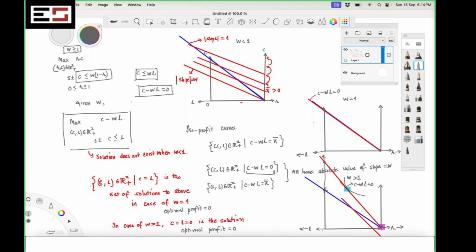So that can never be an equilibrium, because there is a difference between what the firm is choosing and what the consumer is choosing. The firm is saying, I don't want to hire any labor, I don't want to produce any coconuts. The consumer will say that I want to consume coconuts and I want to supply labor. So that's clearly a mismatch of what the firm wants and what the consumer wants, right?